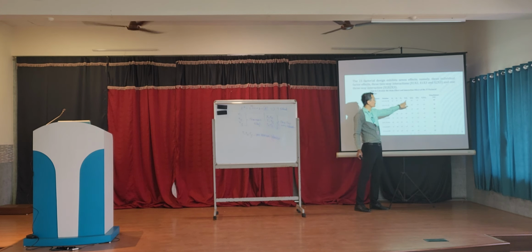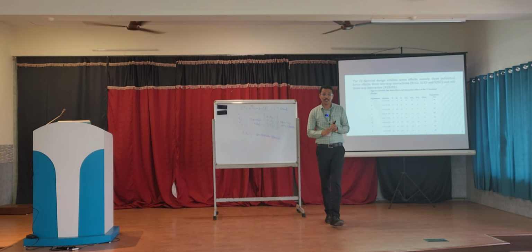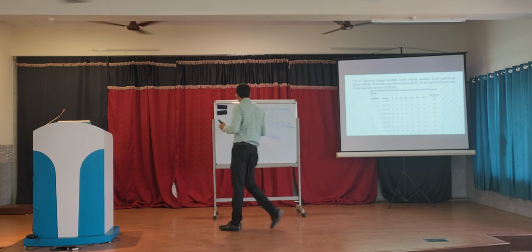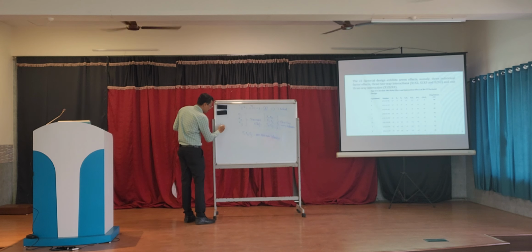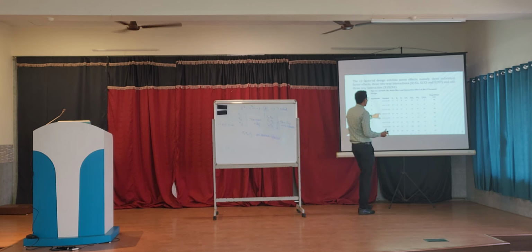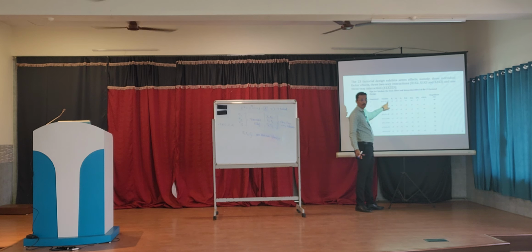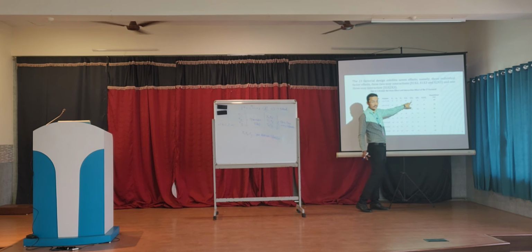Now combined effect. x1 x2. x1 x2 is plus. So why is it plus? Minus 1 multiplied by minus 1 is plus 1. Done? Okay. Then x2 x3. Minus 1 multiplied by minus 1, plus 1. Same x1 x3.